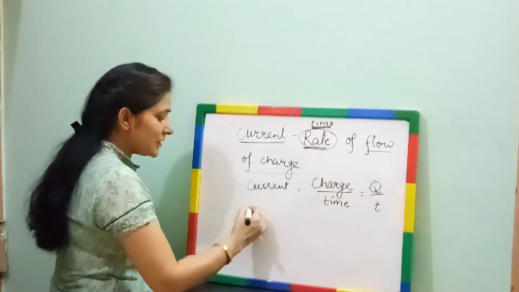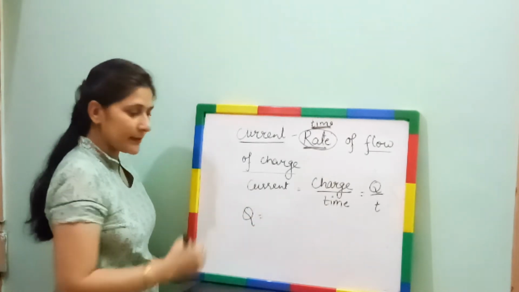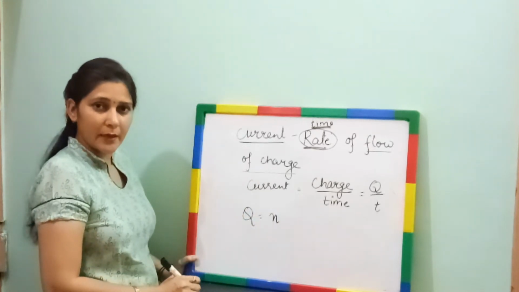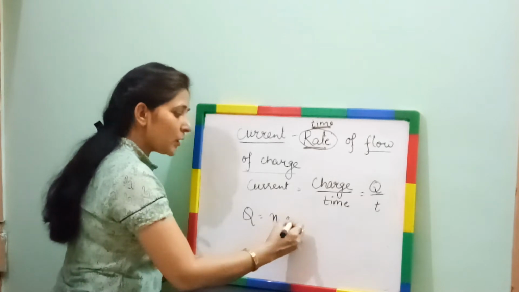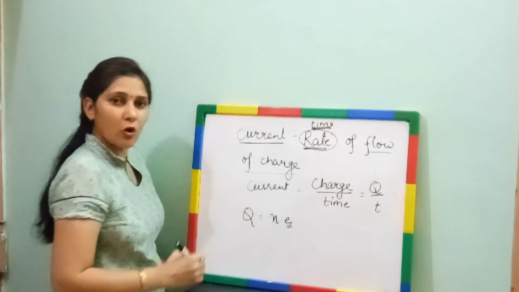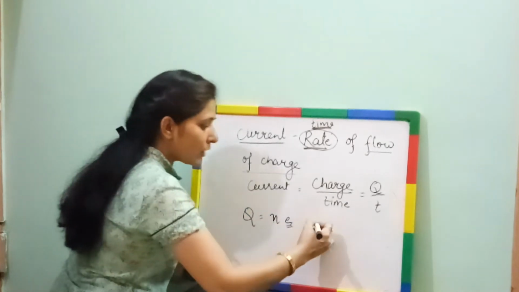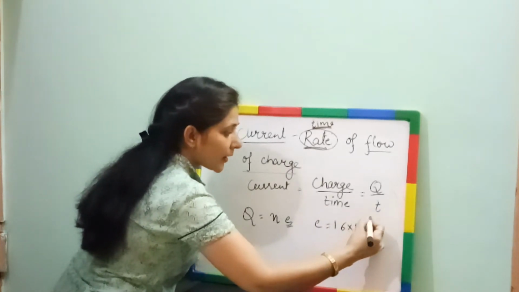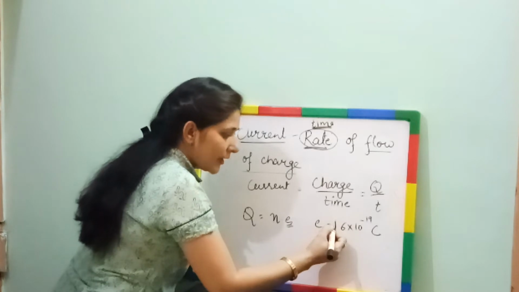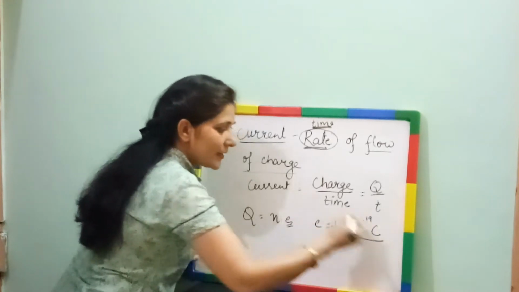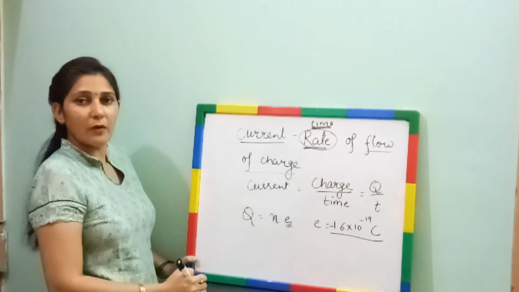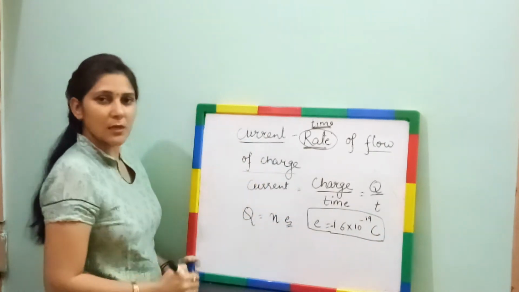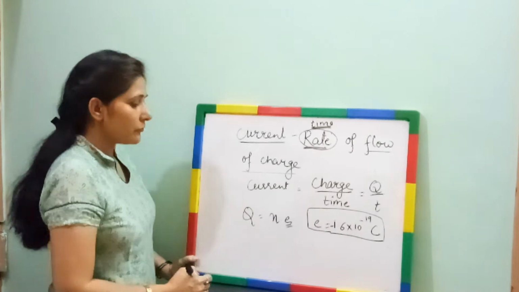So total charge in a particular conductor can be given as N, that is the number of electrons present in that particular conductor, into e. e is the charge on each electron, and the value of e is 1.6 into 10 raised to the power minus 19 coulomb. As we are talking about electron, so this is minus 1.6 into 10 raised to the power minus 19 coulomb. Please remember this. This you will be using in your numericals in future.